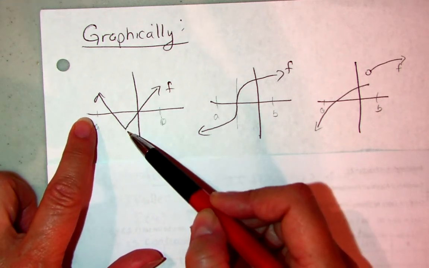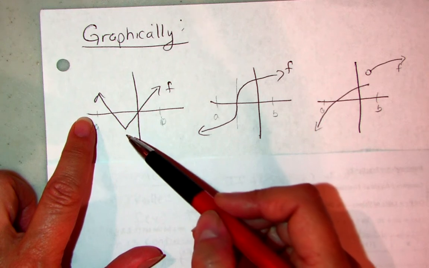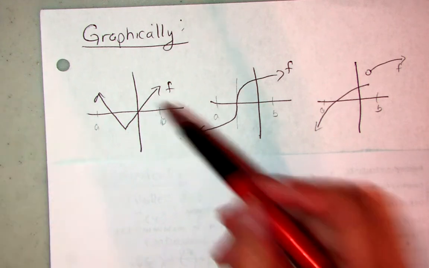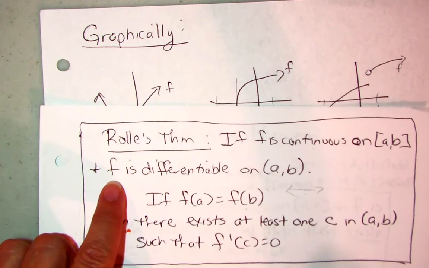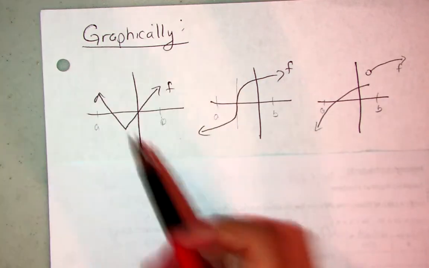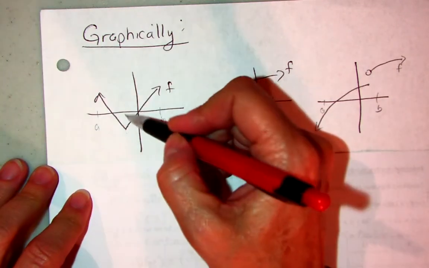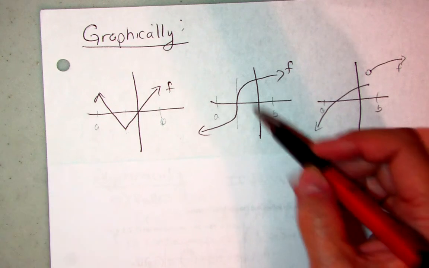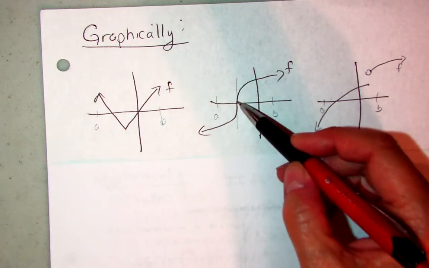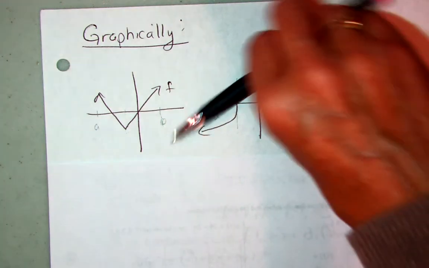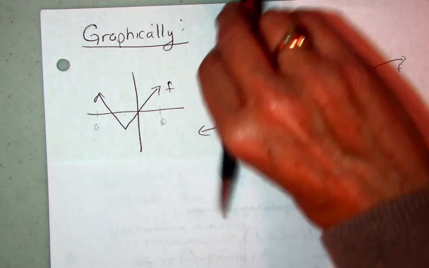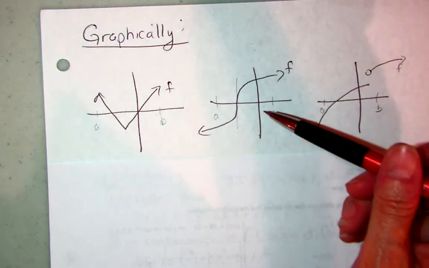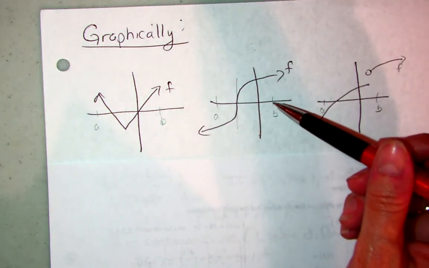So I cannot use the mean value theorem or Rolle's theorem because it does not satisfy that f is differentiable from a to b. That is not true because of this value right here. From this a to b, this is also true because I can draw a vertical line. So my slope is undefined there. My slope is undefined. So I cannot use the mean value theorem or Rolle's theorem for an existence.